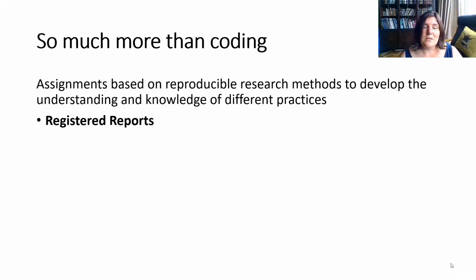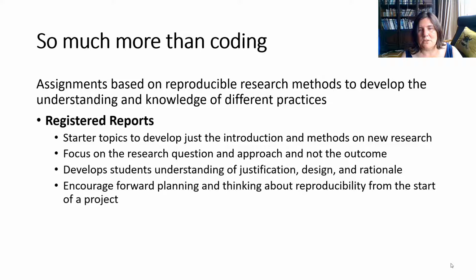And then based around registered reports, we have developed a project for our level 2 students, where we give them some starter introductory ideas, and they have to develop an introduction and methods for a new research question.